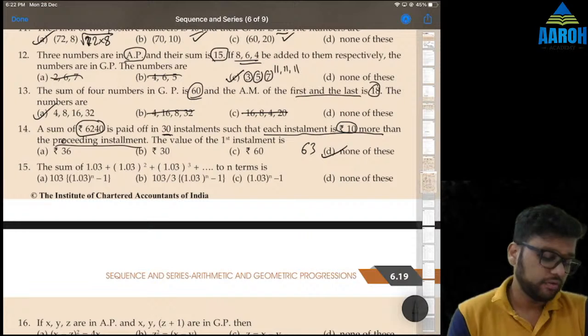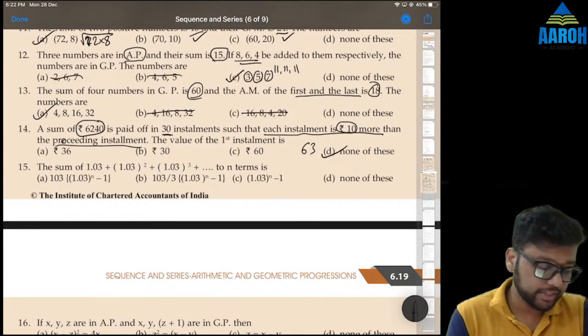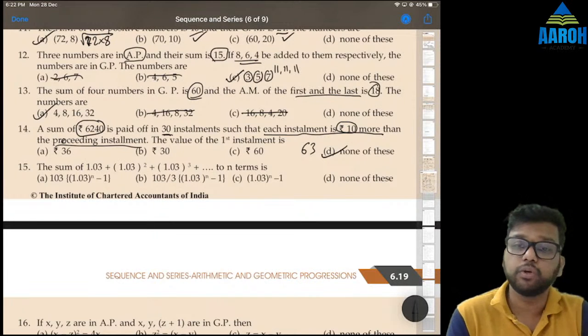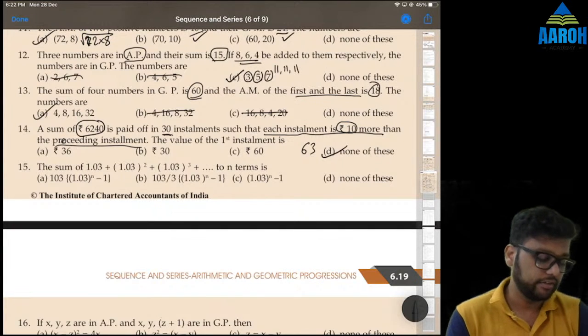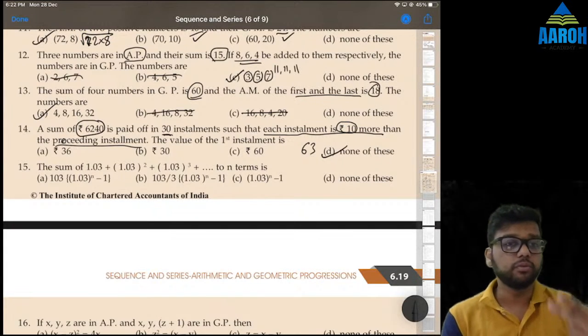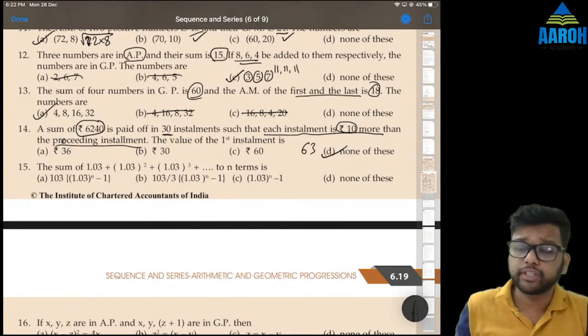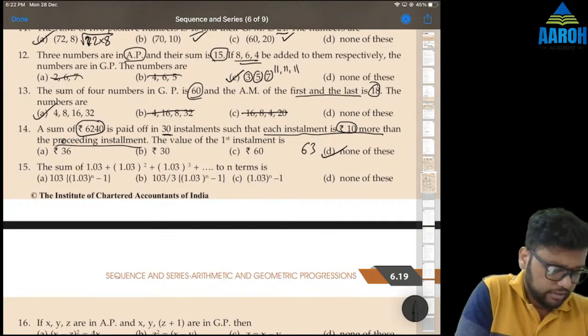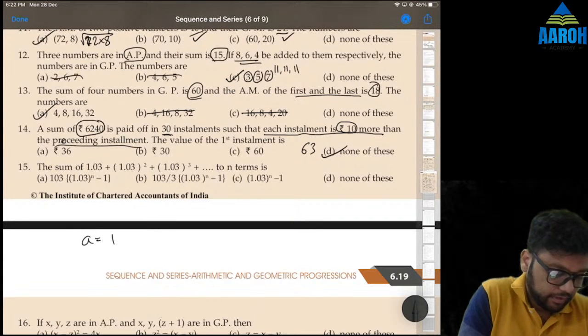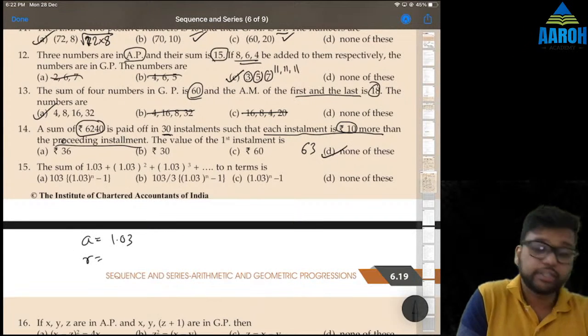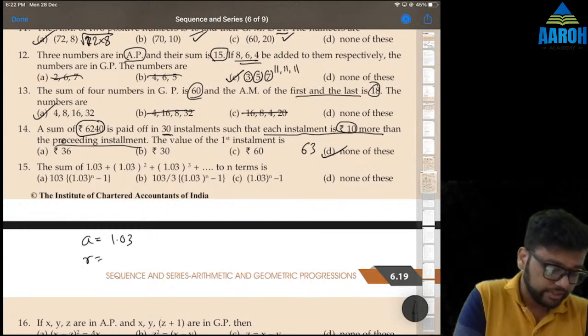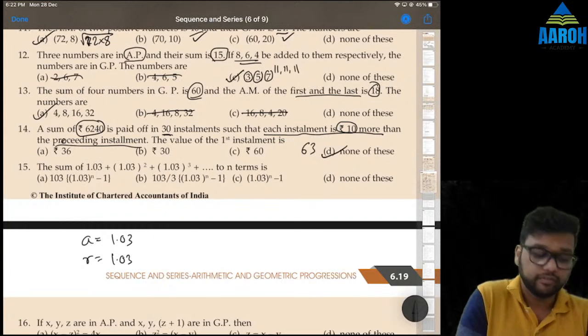15th, sum of 1.03 plus 1.03 square plus 1.03 cube and so on up to n terms. Now we can either put n as 2 or it is geometric progression, normal GP. So we can solve as normal GP, right? First term is 1.03. Common ratio is 1.03 square upon 1.03, which is again 1.03 only.